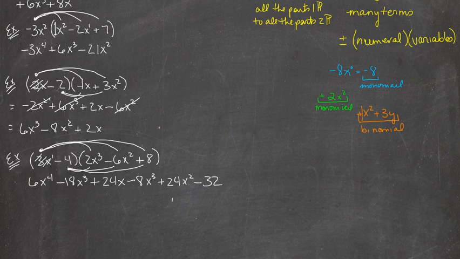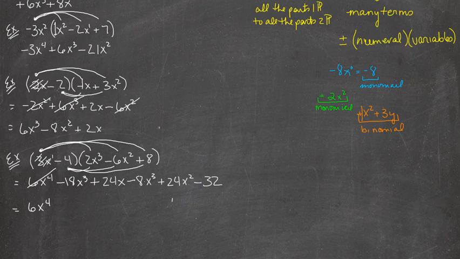Now I have to combine my like terms. My biggest power is a 4. And I only have one of them, so I'm just going to write it down, 6x to the 4th. I have 1, 3. Oh, I have another 3. So I have negative 18 minus 8. Remember, you combine like terms by just adding or subtracting or combining the numeral.